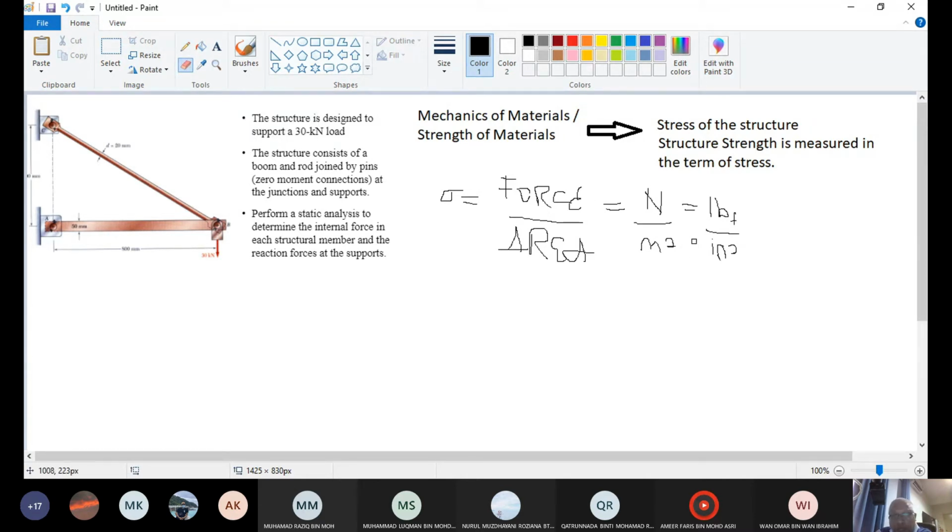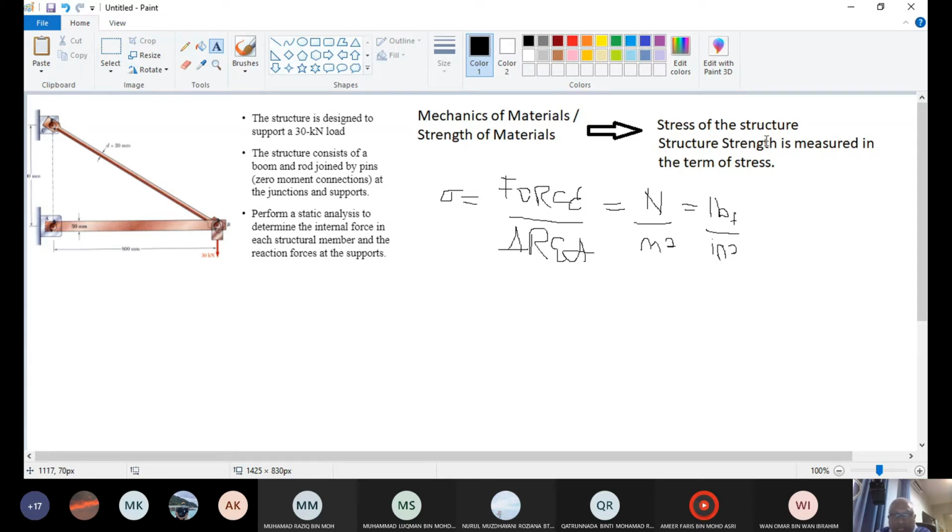So that's why the unit is Newton per meter square, or pound per inch square. So that's the unit of stress, and this unit of stress will basically measure the strength of the material.